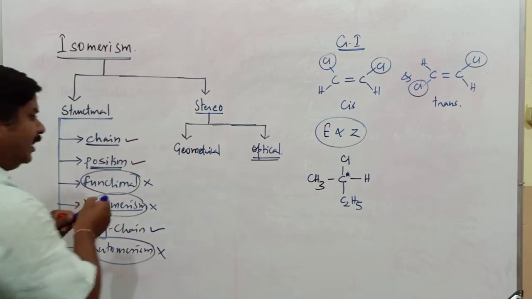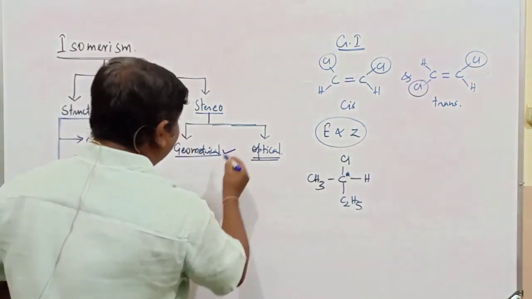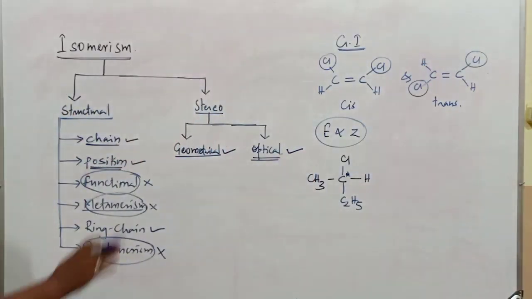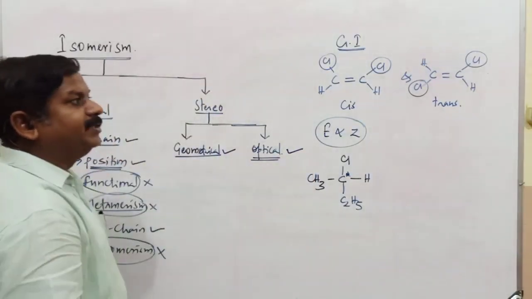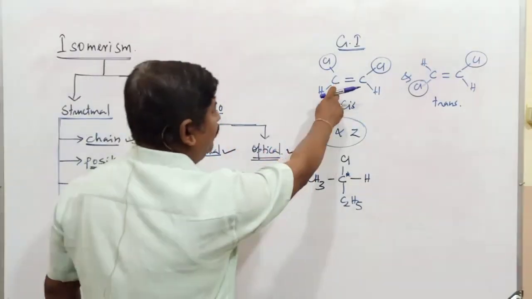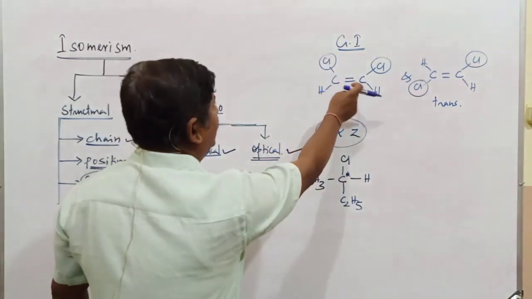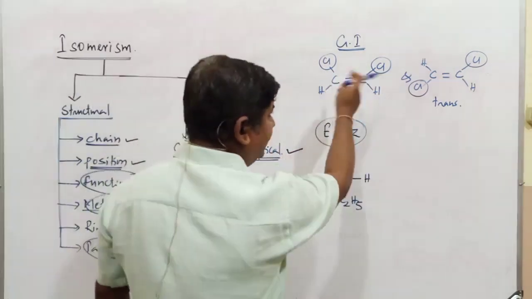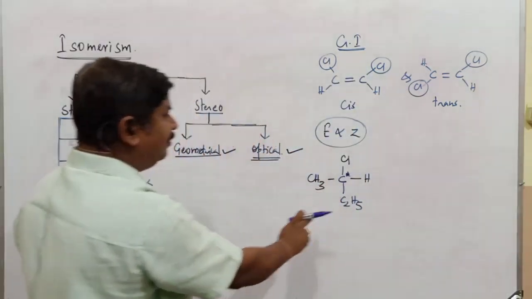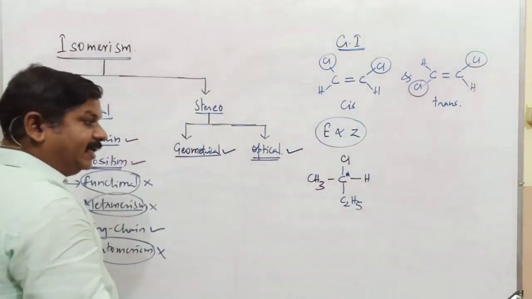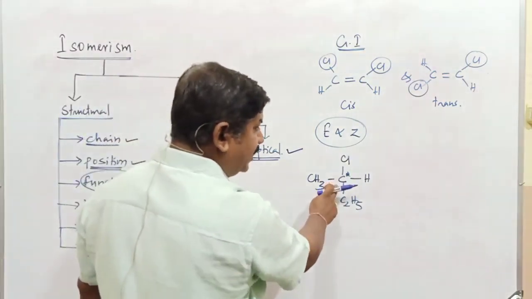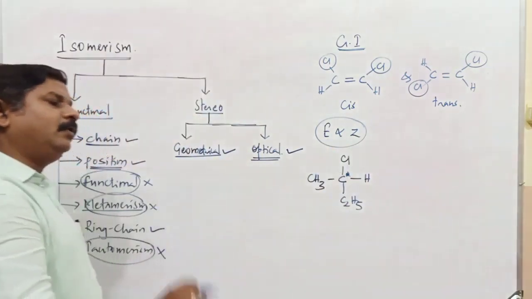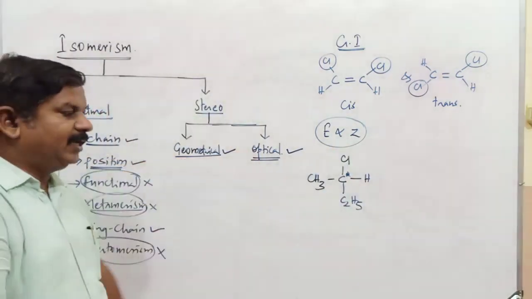Geometrical isomerism is possible in these compounds, provided some conditions are met: the compound contains a double bond or cyclic ring, and different atoms are present on the double bonded carbon atoms. The condition to exhibit optical isomerism is the presence of a chiral carbon atom.